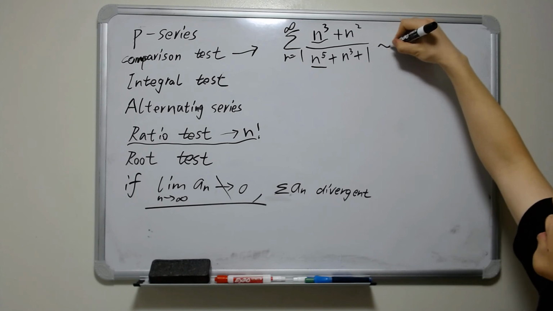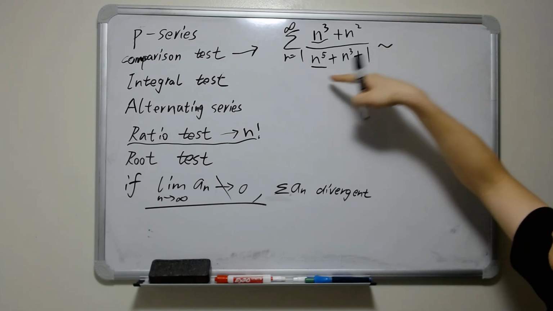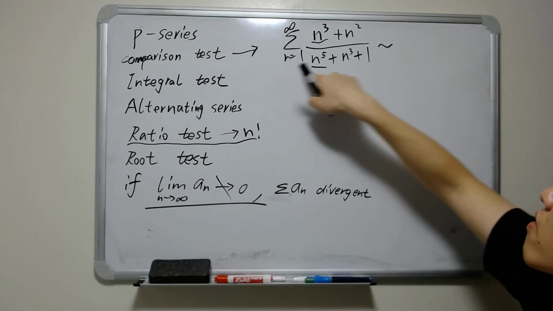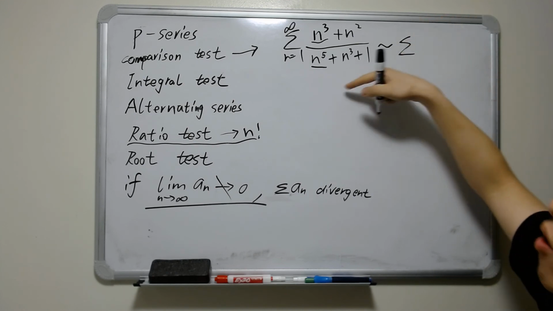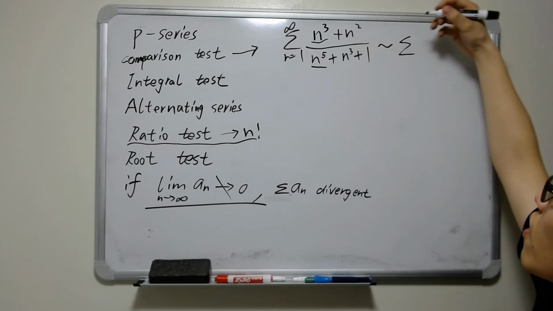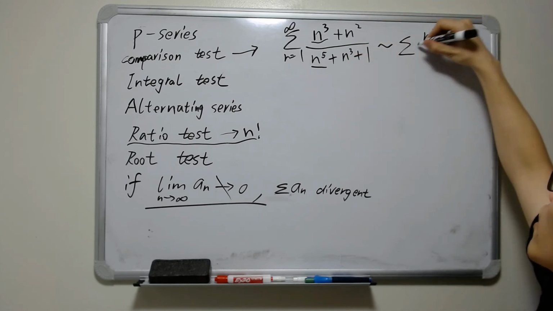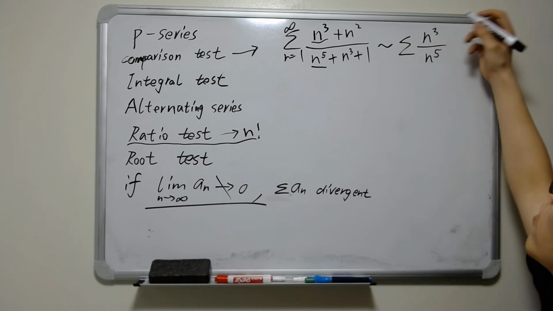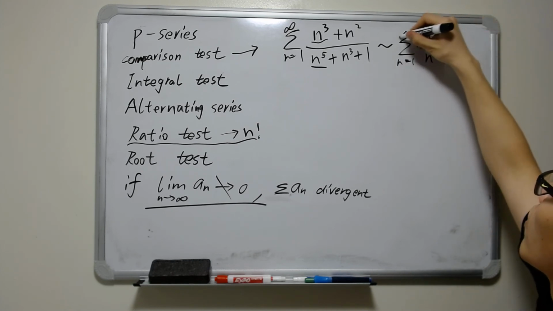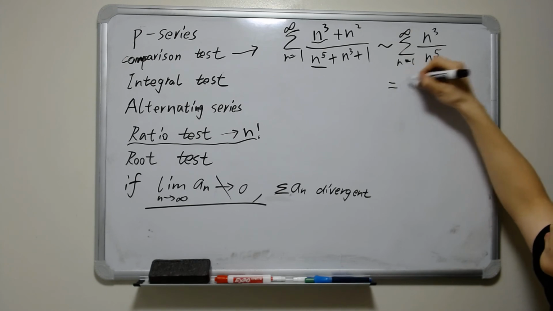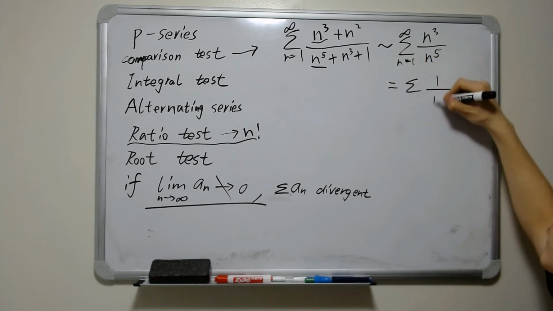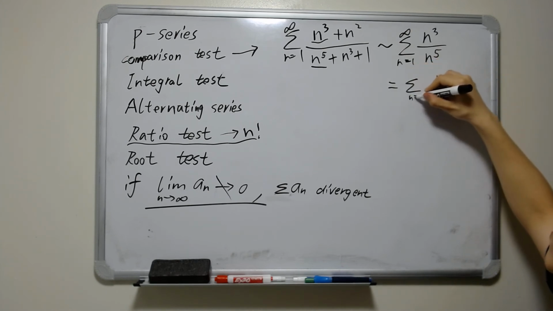We can compare this series to the series that only contains the dominant terms, n cubed over n to the 5, which is 1 over n squared.